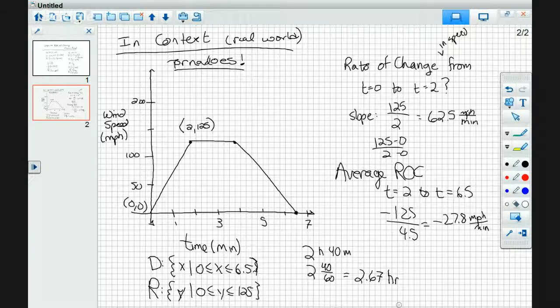I think the x is probably gonna be time, y. Yes. So that's gonna be 7.